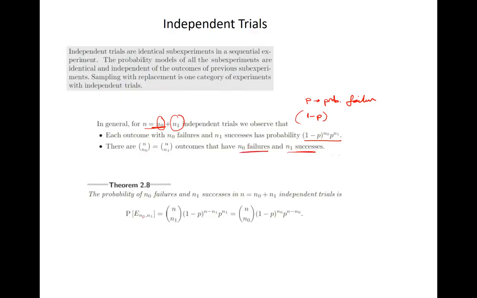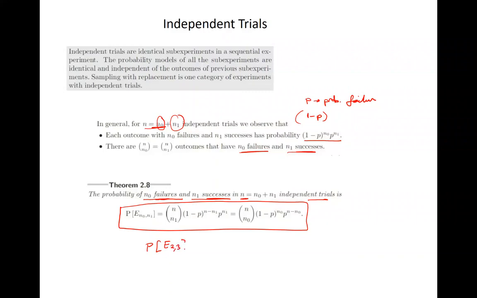Then we define the theorem. The probability of n0 failures and n1 successes in n independent trials is given by this formula. Okay? So, for example, say the probability of E 2,3, which means that I have 5 trials, 2 are failures, 3 are successes.